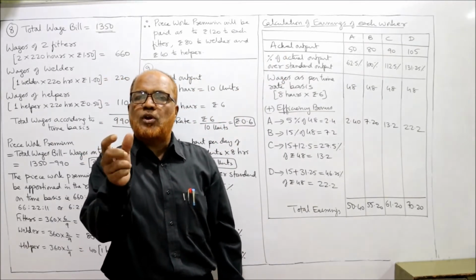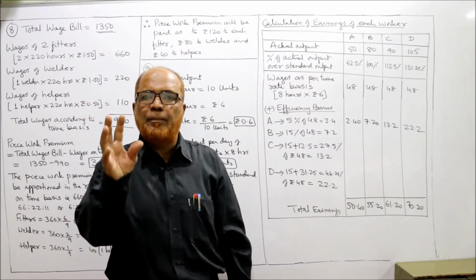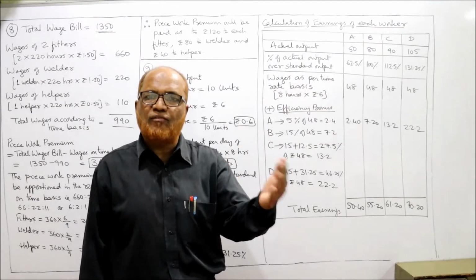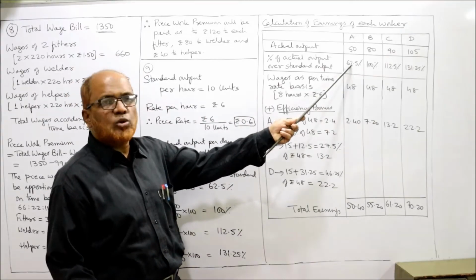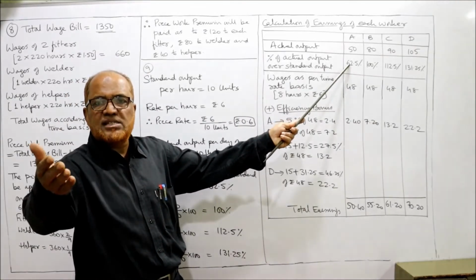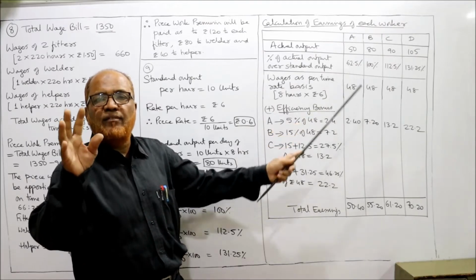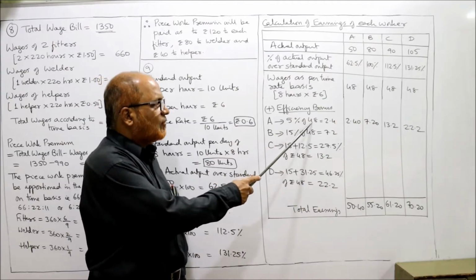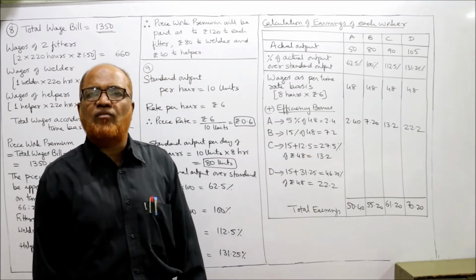If a worker has produced more than 60% up to 75%, he will be paid 5% of wages as bonus. So 62.5% means more than 60 but less than 75. So he will be paid 5% as bonus. A will be given 5% of 48, 2.40. So 2.40 is the bonus for worker A.